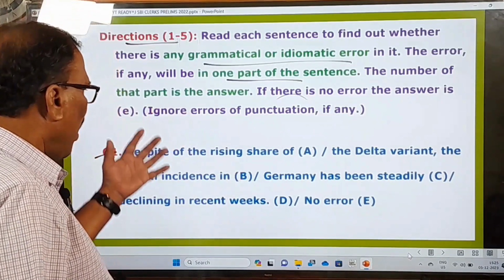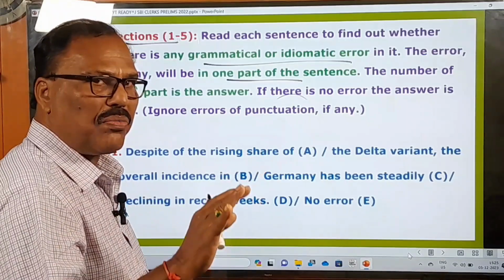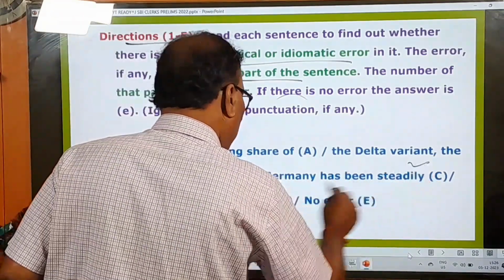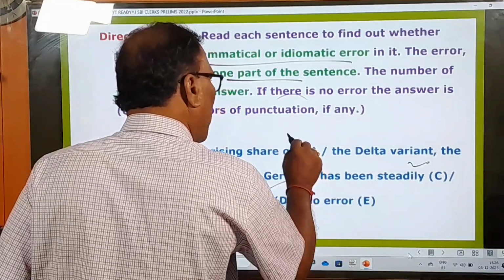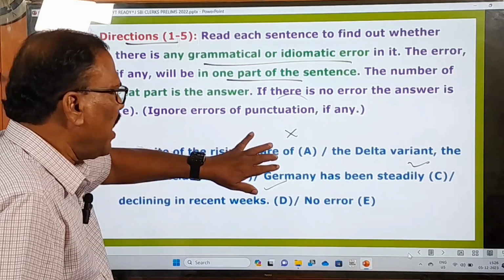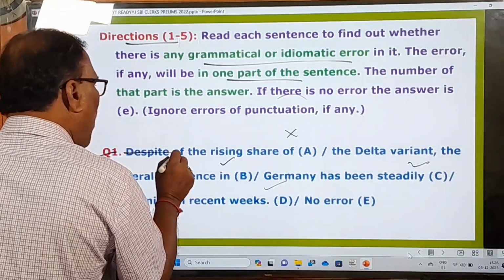If you observe this sentence, you find that there is no grammatical error in the B part, C part and D part. Only in the A part there is a mistake. Here, despite of is a mistake.